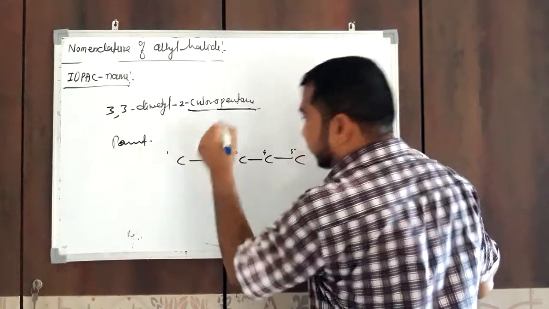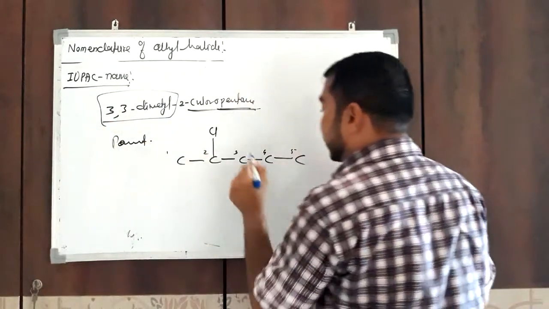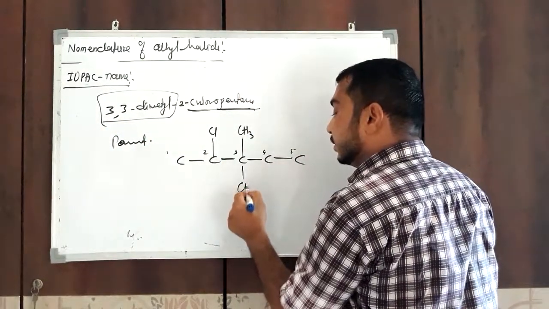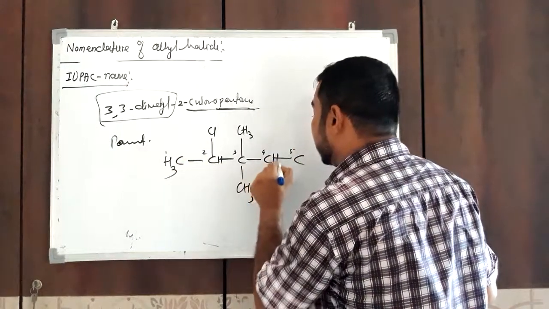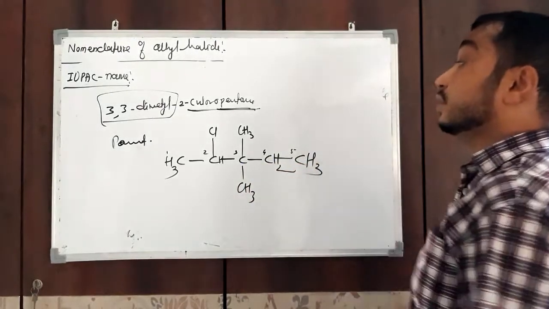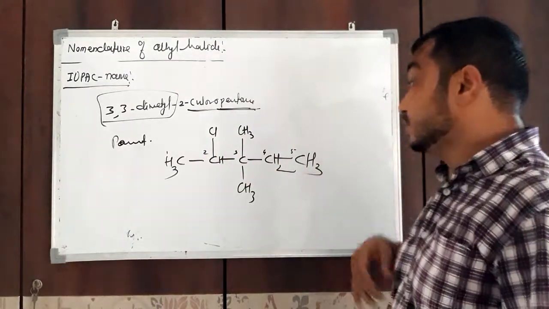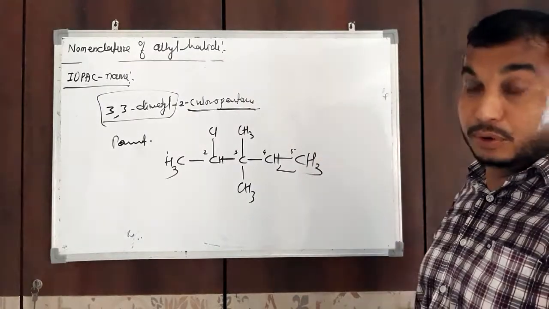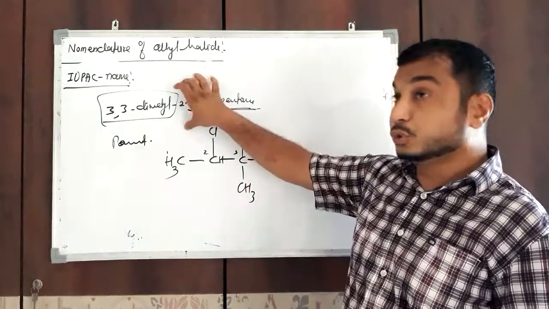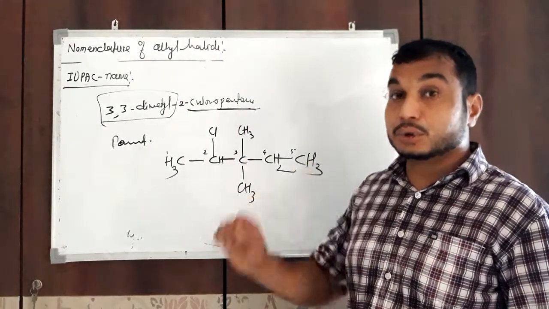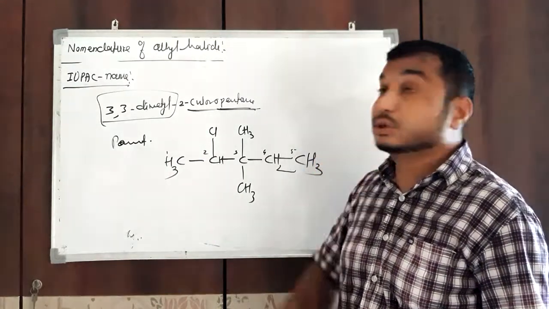So the chlorine atom is attached to carbon number 2, and these two methyl groups are attached to carbon number 3, CH3, CH3. Then the remaining are hydrogens: CH3, CHCl, C, CH2, CH3. So this is the structure for this compound. By using this procedure we can draw the structure from the IUPAC name. You must be able to draw the structure from the IUPAC name as well as give the IUPAC name from the structure. So this is the nomenclature of alkyl halide.